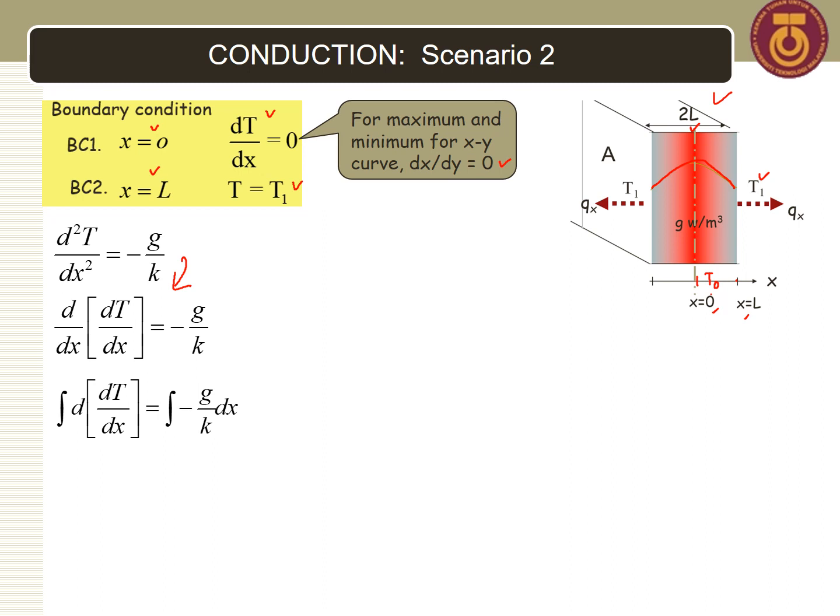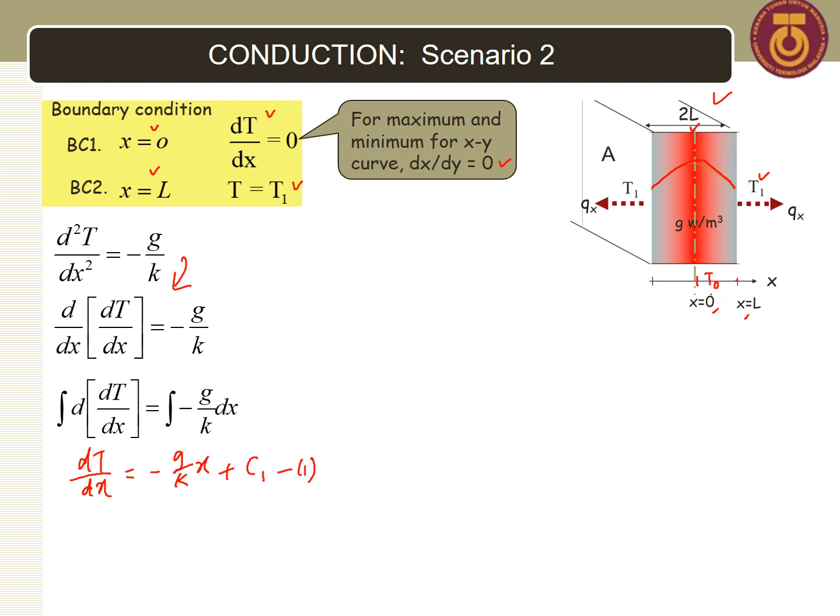This is what we get: dT over dx equals negative g over k x plus a constant. Let's term this equation 1.